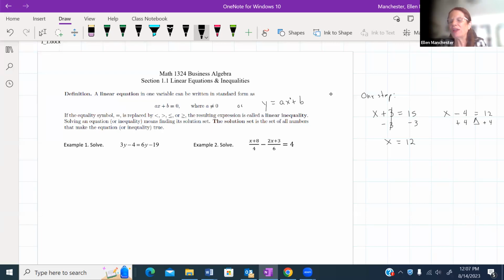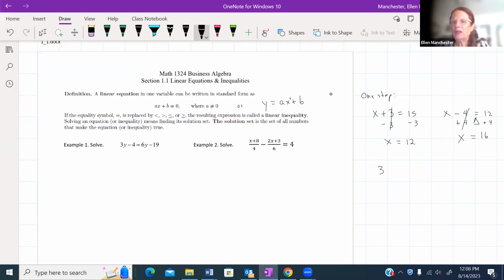If I do the same thing to both sides, I've kept it balanced. I haven't taken off on one side and added to the other. In this case, I'm adding to both sides, so that cancels. The goal always is to get x by itself. So x equals 12 plus 4, which is 16. And again, I can check it. 16 minus 4 does equal 12, so I'm good to go. These are one-step equations. This is the addition principle.